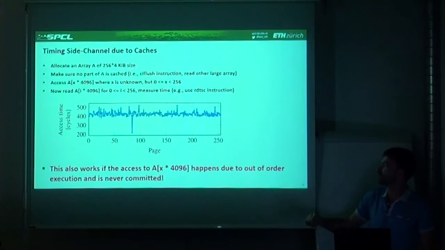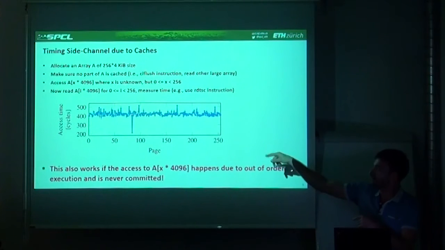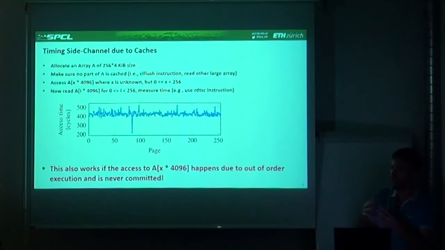So even if this access, for example, would be completely illegal and there would have been a bounds check that says, no, don't execute this code, if it's executed out of order or speculatively, this timing effect still happens.